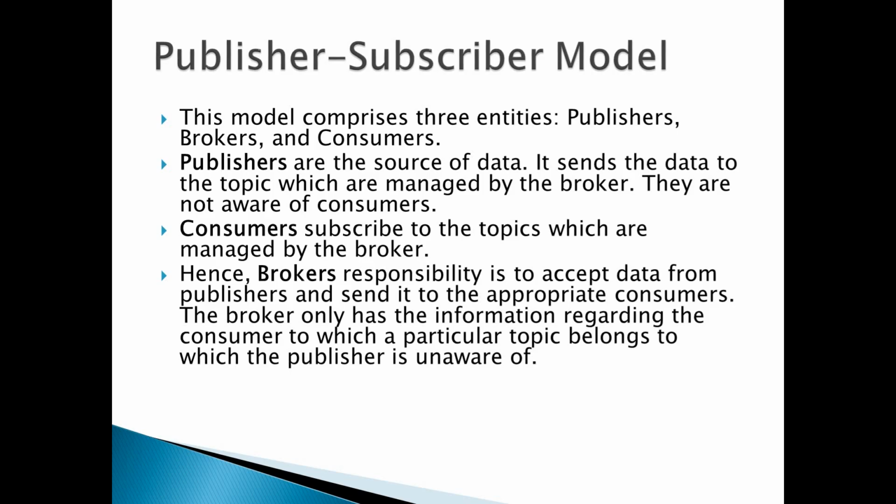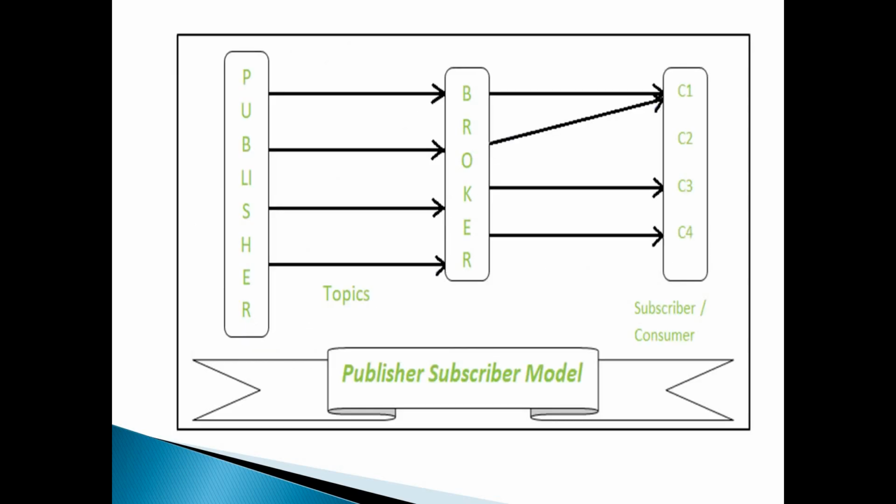The consumer is nothing but the subscriber of the topic, which is managed by the brokers. The broker's responsibility is to accept the data from the publishers and send it to the consumers. The MQTT protocol and AMQP protocol are used in this model in IoT.